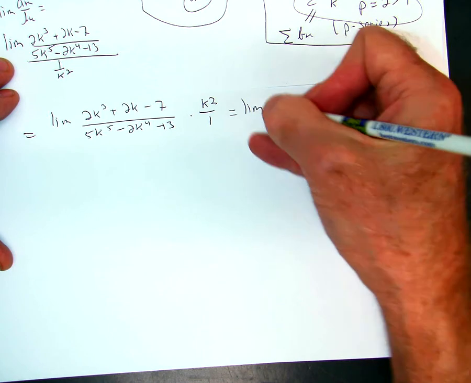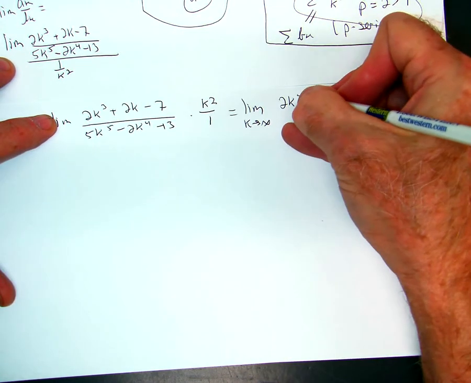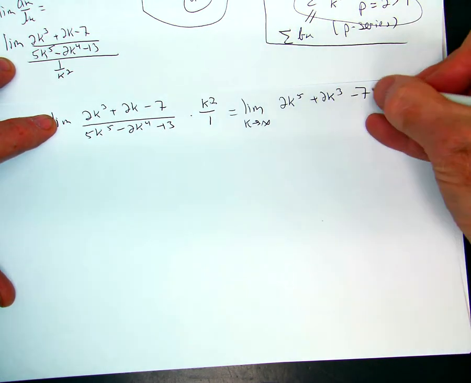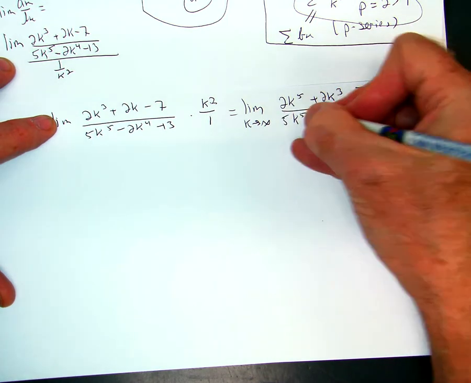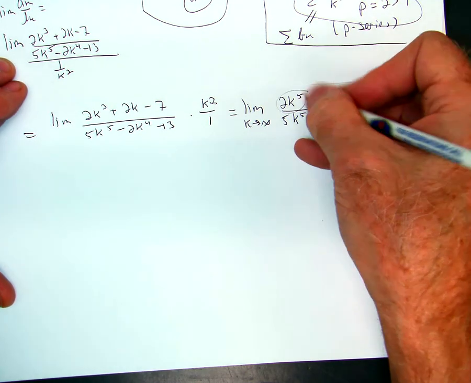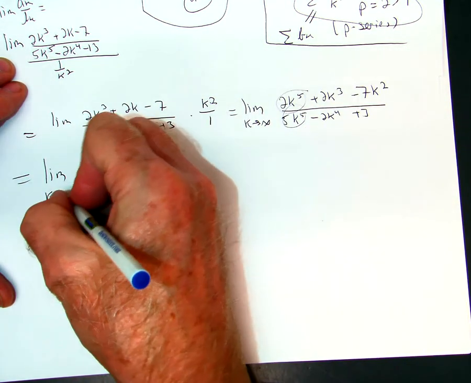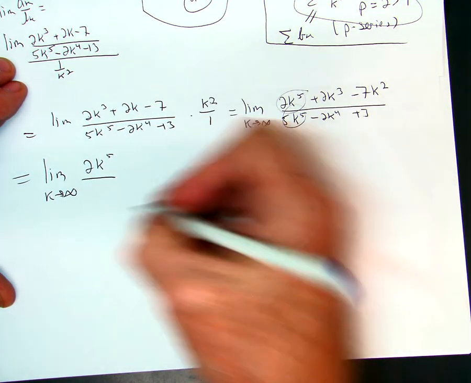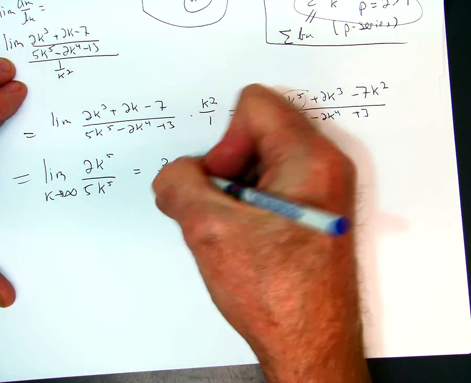That's equal to the limit as K goes to infinity of 2K to the 5th, 2K cubed minus 7K squared. Just rewriting the bottom. The highest powers dominate. This is going to be equal to the limit as K goes to infinity of 2K to the 5th over 5K to the 5th. Well, that's just 2/5. And that's my limit.